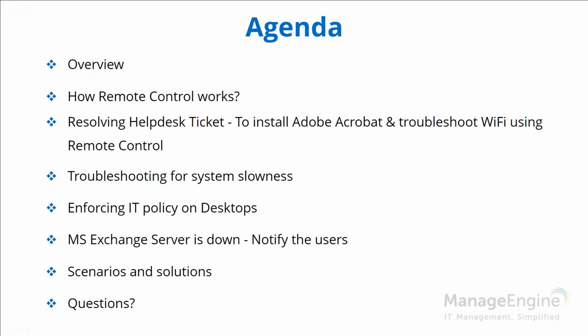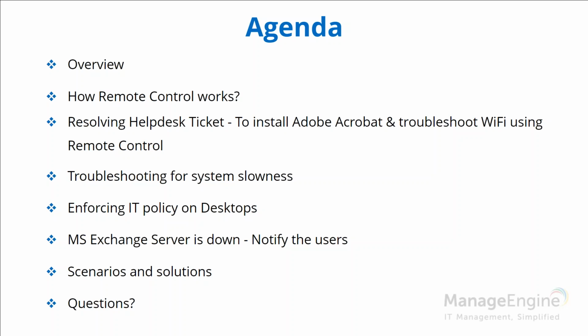So let's have a quick look at the agenda for today. First of all, the overview: what is remote control? How does it really work in the back end? Then I've taken a few scenarios or situations which will help me in explaining the different features and options available under remote control, like resolving a help desk ticket where the end user has requested to install the Adobe app, as well as troubleshooting Wi-Fi connectivity.